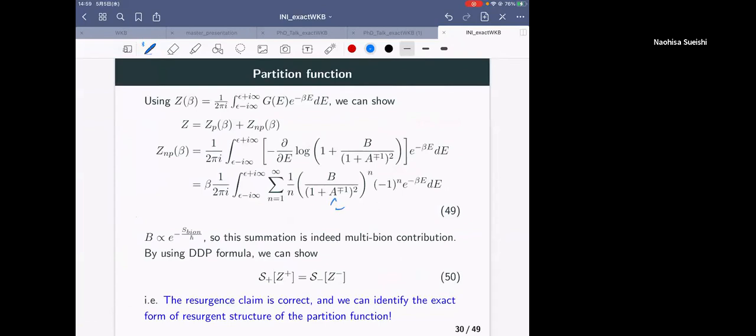This A and B are defined by such a quantity. And this is generally the asymptotic expansion in ħ. And the correct partition function is the Borel summation of this quantity, like this. And this Borel sum means the Borel summation of this ħ series.